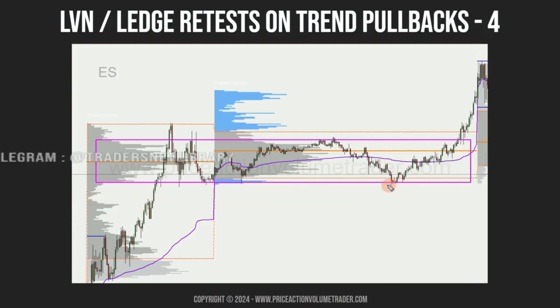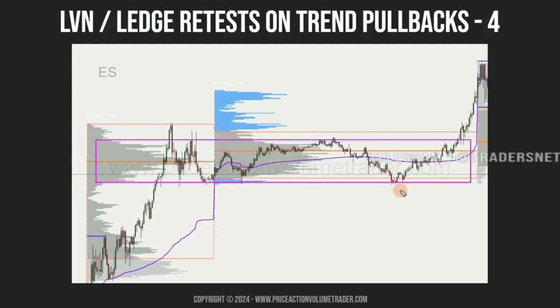But again, these are very important areas of support and resistance, and I would not recommend that you try to preempt a breakdown until we actually have a solid candle close through these areas.